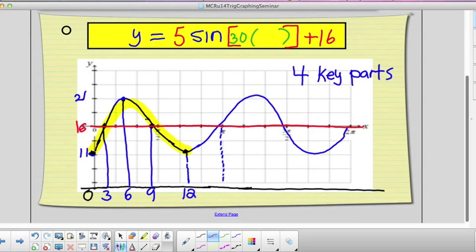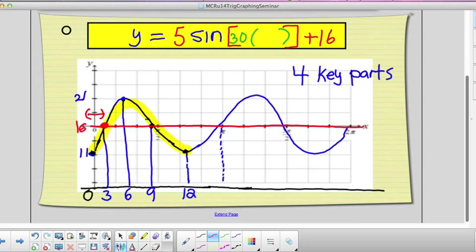So for it to be a true sine function, it has to start here at the axis of symmetry. That means not only has this sine function been shifted up by 16, but it has also been shifted to the right. So my point that should be here has actually been shifted by 3 hours.